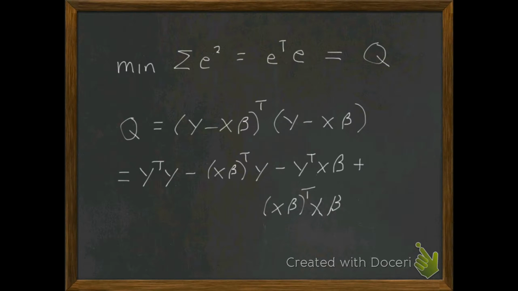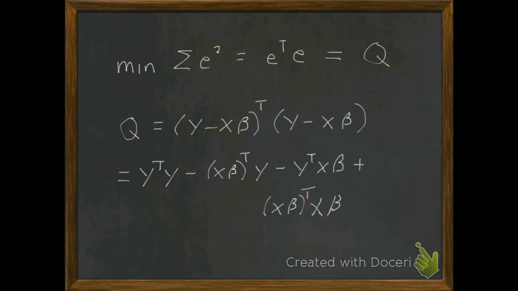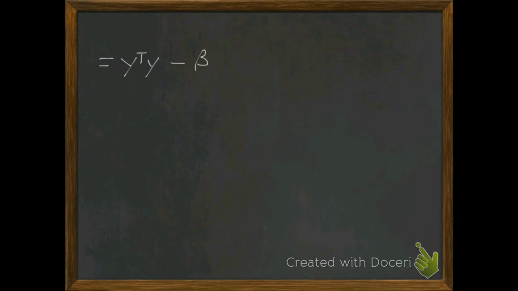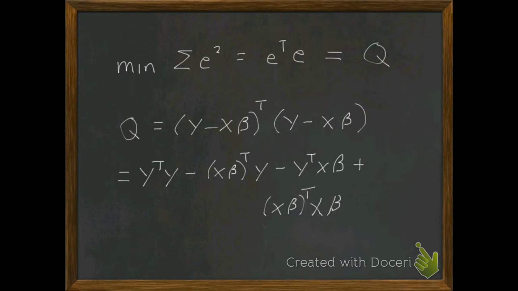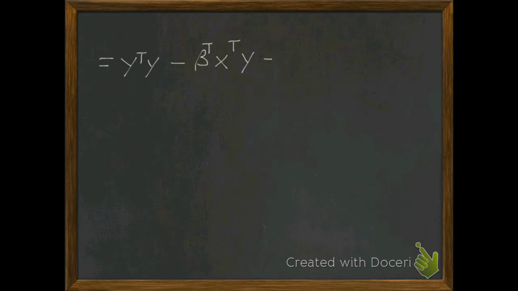Okay, now cleaning that up a little bit, what we can see is that we have y transpose y. And the second term, we should know by now that we have beta transpose x transpose y. And the next term, we're going to have y transpose x beta.